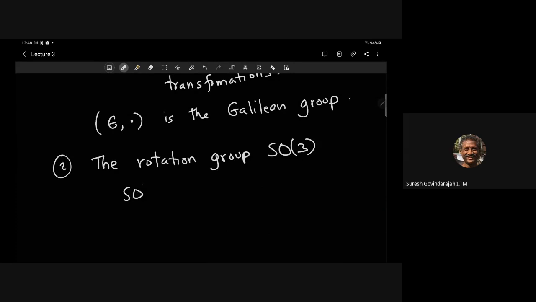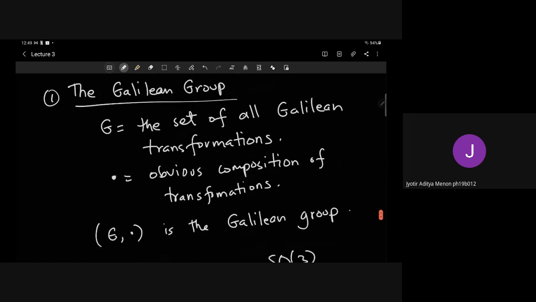Okay, so SO3 is a set of 3 by 3 special orthogonal matrices. Sir, can you zoom out a little bit?